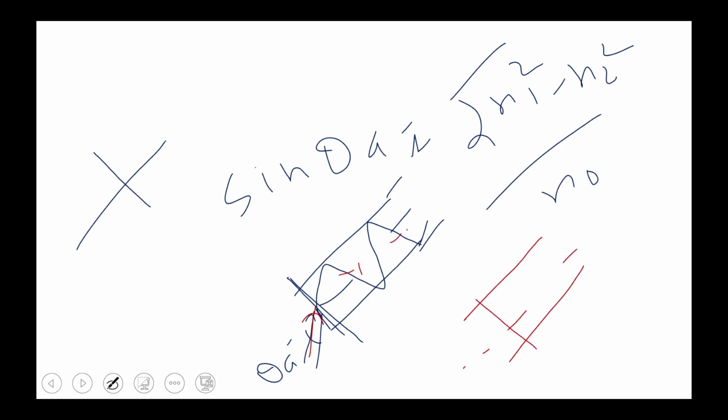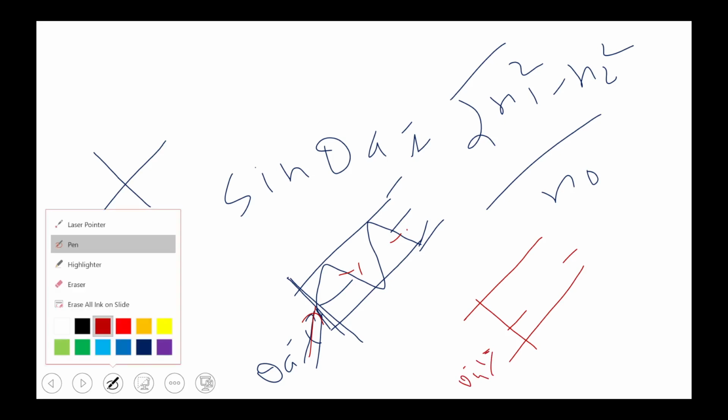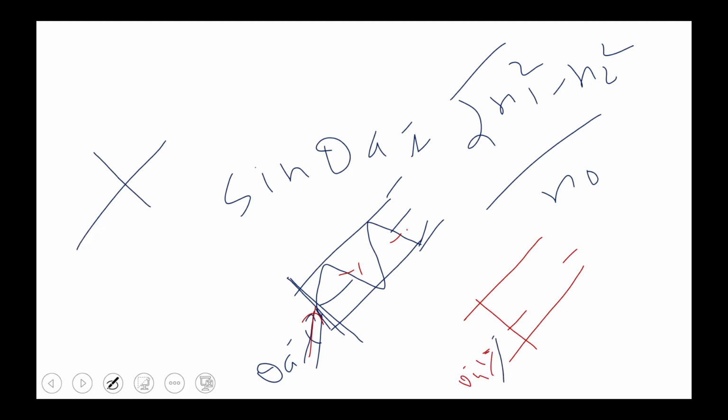But when the ray goes outside, it will not happen, because the incident angle is more than the acceptance angle. Most of the energy of the light will escape from the core because it will not satisfy the critical angle concept, so there will be no total internal reflection.